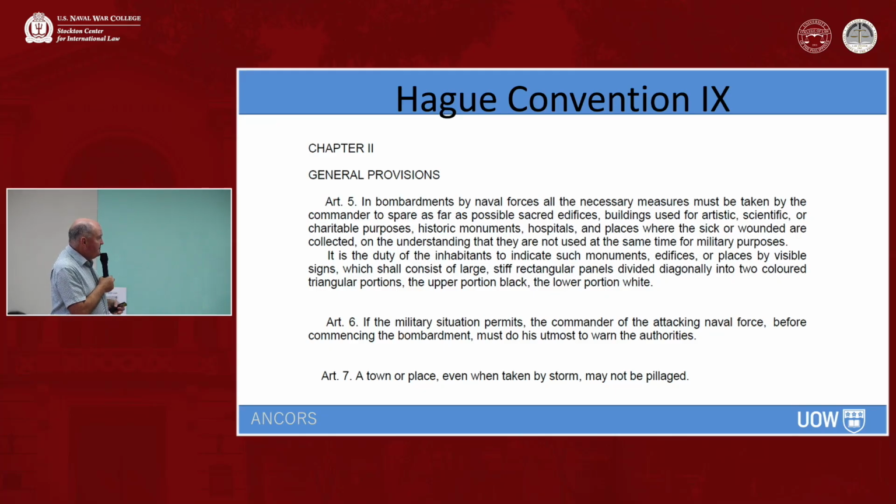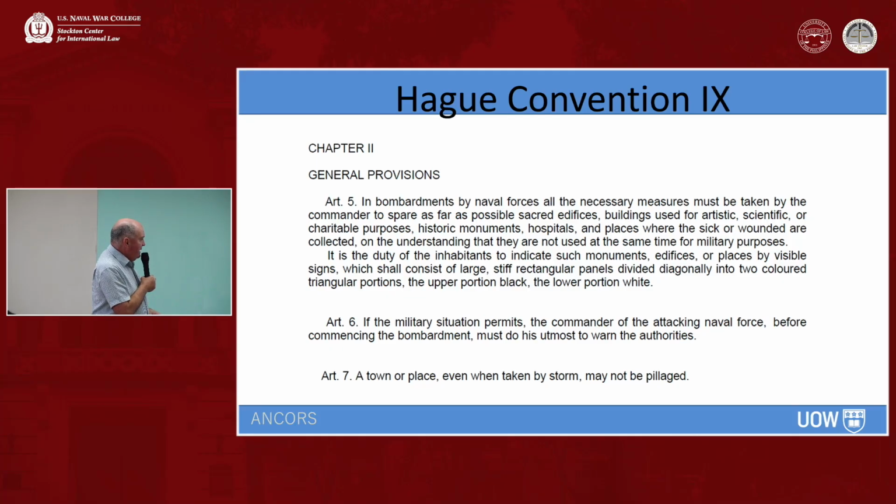All necessary measures must be taken to spare the sorts of things that we know should be spared: civilian objects, sacred objects, places of worship, for the sick and so on, all of those types of things. So these types of restrictions have been around for a long time.